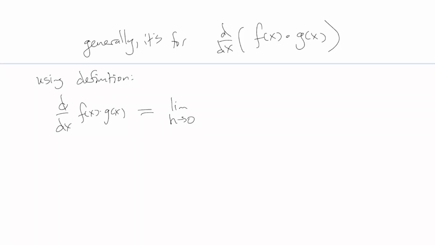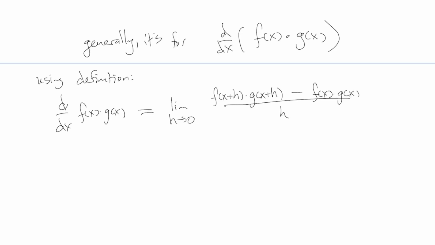The limit as h goes to 0 of f of x plus h minus f of x, divided by h, right? But in this case, it's not just f of x that I'm working with, it's f times g. So if you do this properly, it's going to look like f of x plus h times g of x plus h, because the thing I'm doing the derivative of is the product of these two things. It will look like this if you do that correctly. This is the derivative of the product, all right?